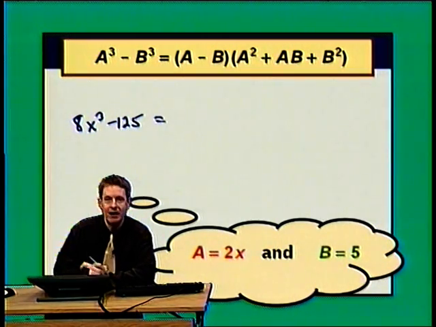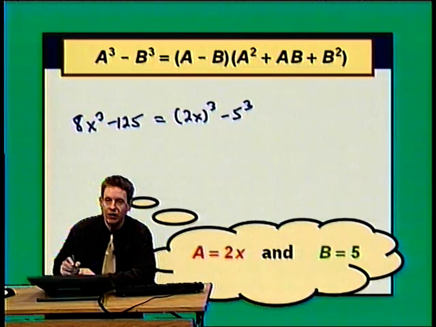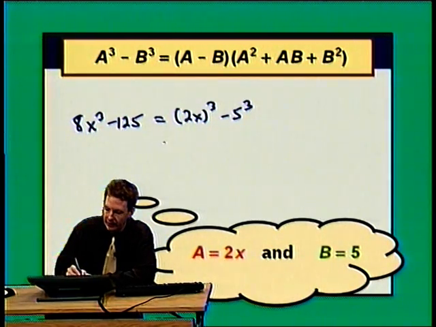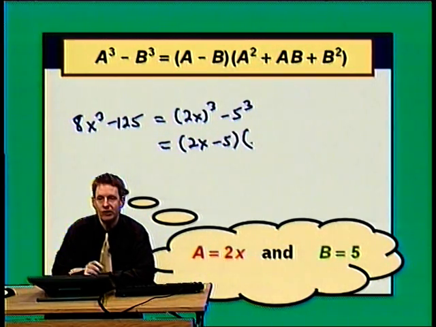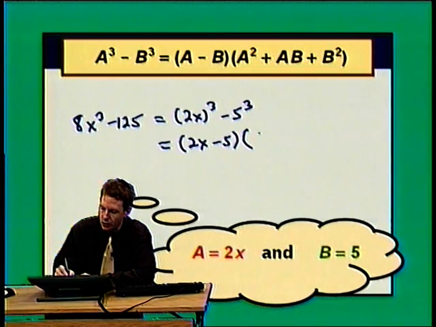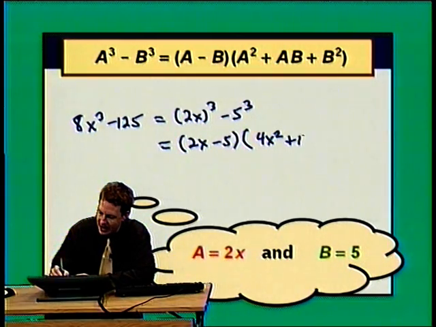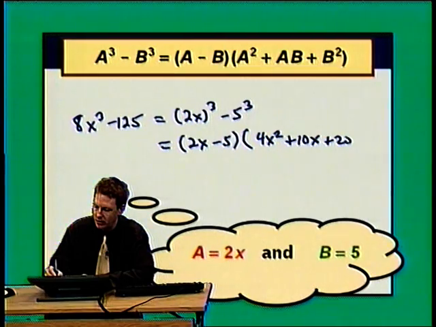So let's go ahead and take our binomial and rewrite it as 2x quantity cubed minus 5 cubed. And then looking at our pattern, let's go ahead and factor. This is going to be a minus b, that's 2x minus 5, times a squared, 2x quantity squared is 4x squared, plus a times b, 2x times 5 is 10x, plus b squared, that's plus 25.